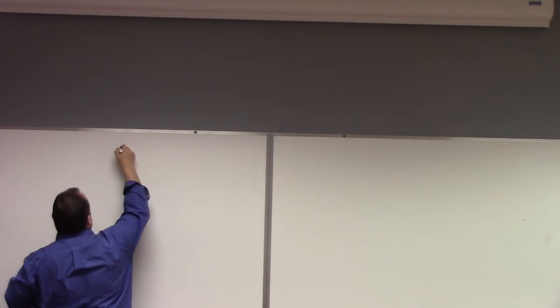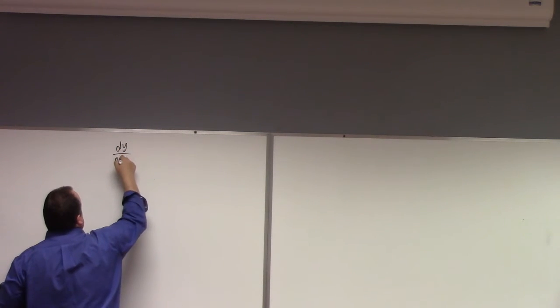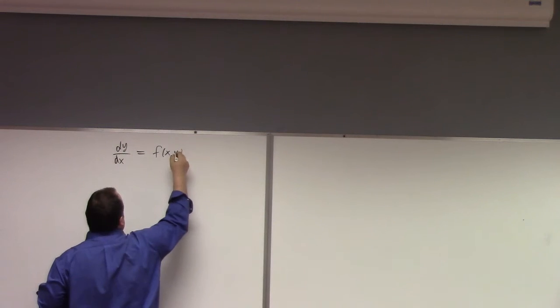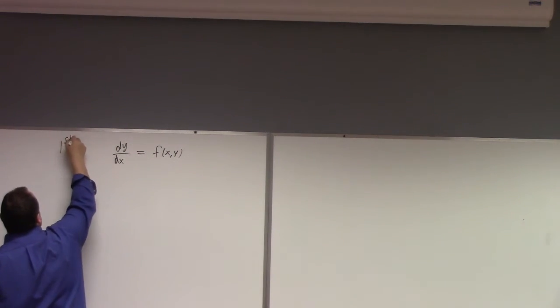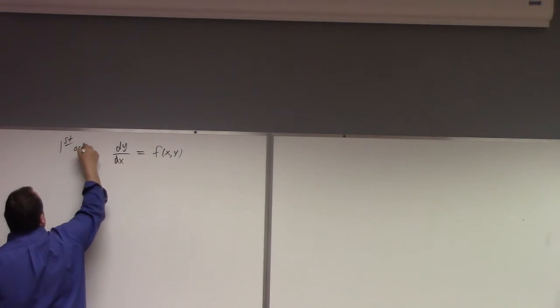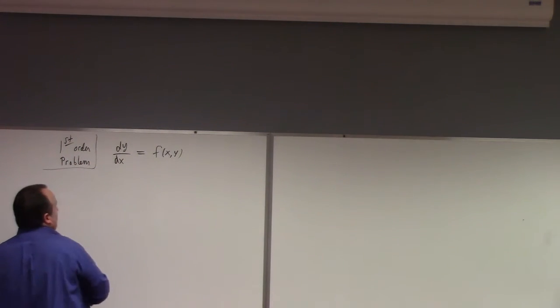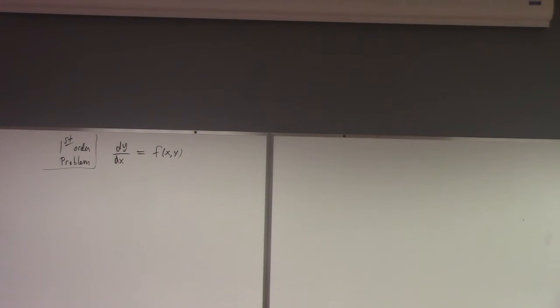So we want to solve dy/dx equals f of x comma y. This is the first order problem. Let me give you a bird's eye view of what we're going to do the next 2 class periods.